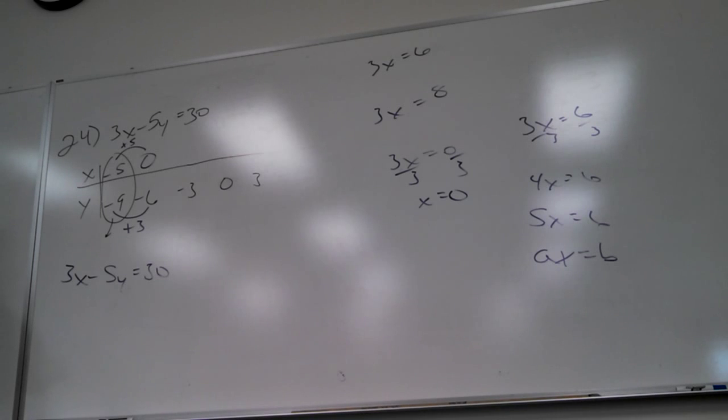Get y by itself. All right, good. It's a good first step. Why is the y term not by itself? Because of this term. How do you kill that? Subtract 3x, because it's positive 3x.